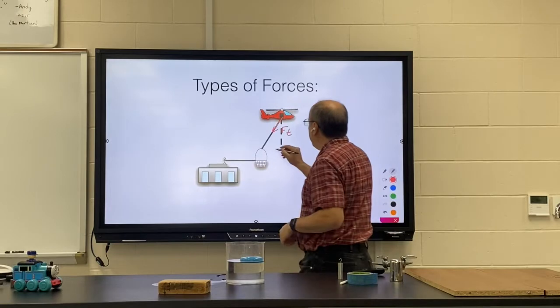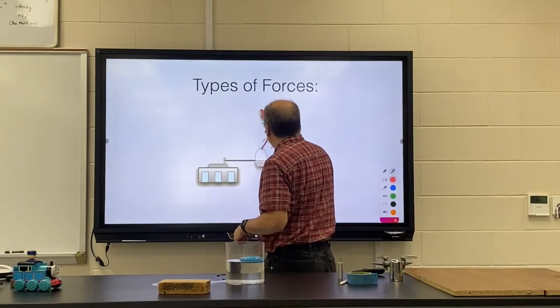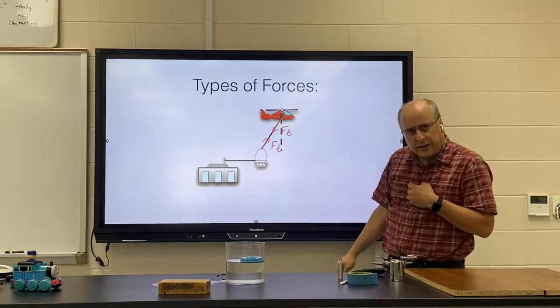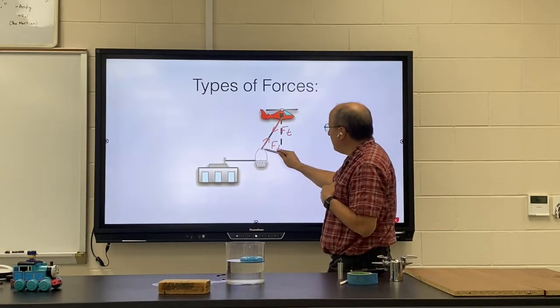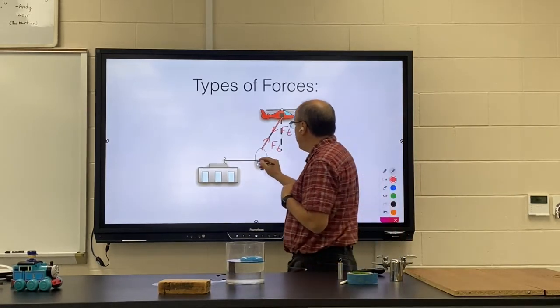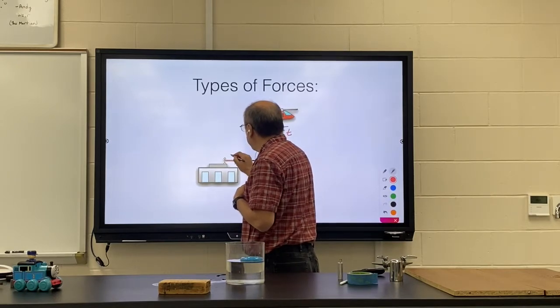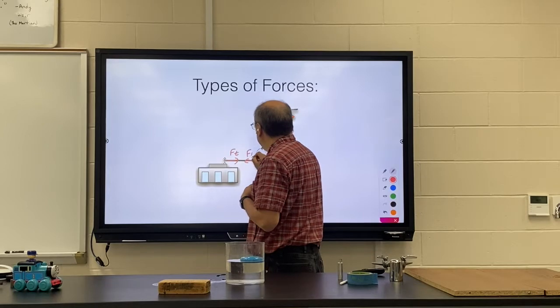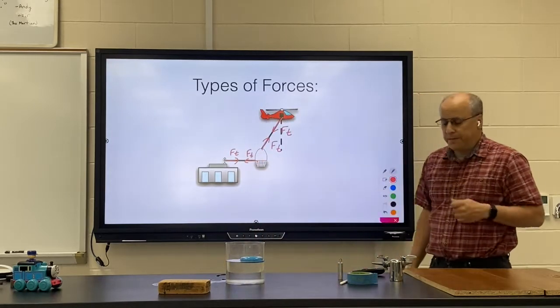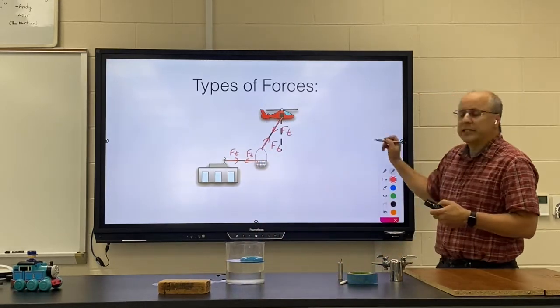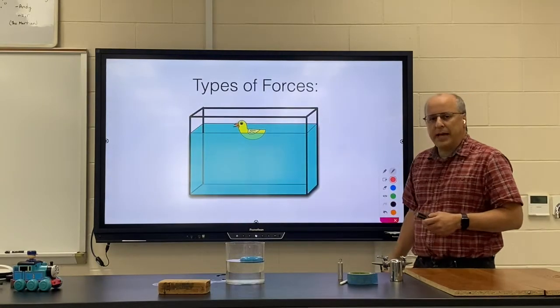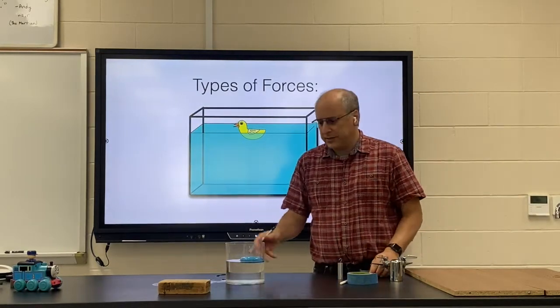It's abbreviated FT for tension. And you can see the rope is pulling down on the helicopter. You can see the rope is pulling up on the basket. You can see the rope is pulling this guy off the roof. And the rope is also pulling the basket toward the roof. Okay? Force tension occurs anytime you have ropes or strings.